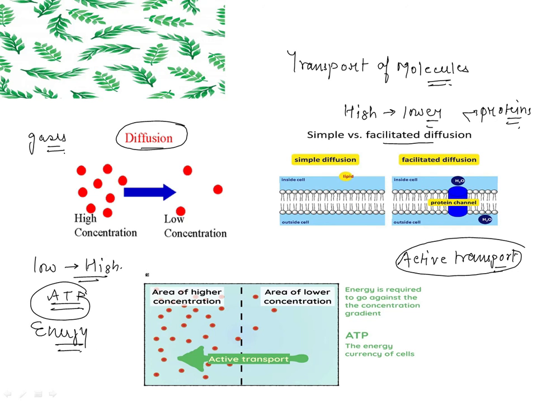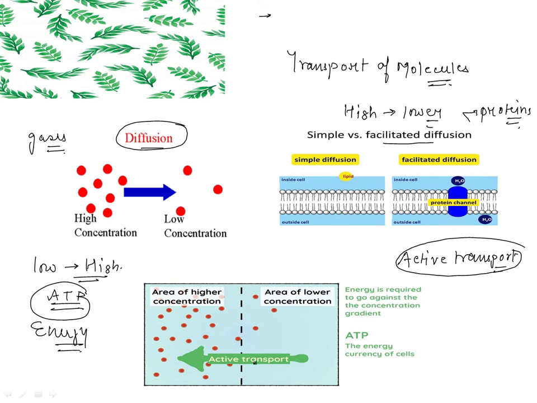So, if you have to differentiate between diffusion and active transport, or between facilitated diffusion and active transport, you can write two points. First, in diffusion and facilitated diffusion the movement occurs from high concentration to low concentration, but in active transport the movement occurs from low to high.